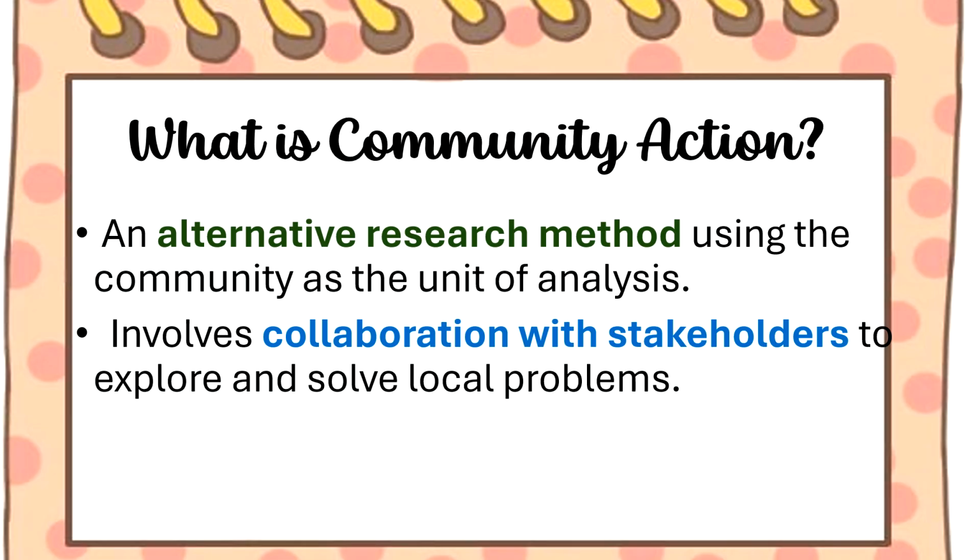Here, the community itself is the unit of analysis, which means we study us. We collaborate with stakeholders, that's anyone invested in the outcome, like parents, teachers, local businesses, to actually roll up our sleeves and solve the problems we identify.